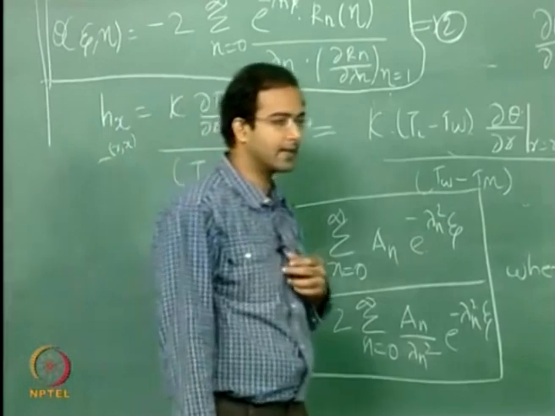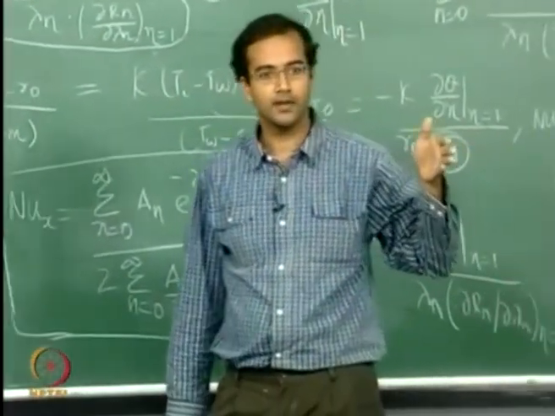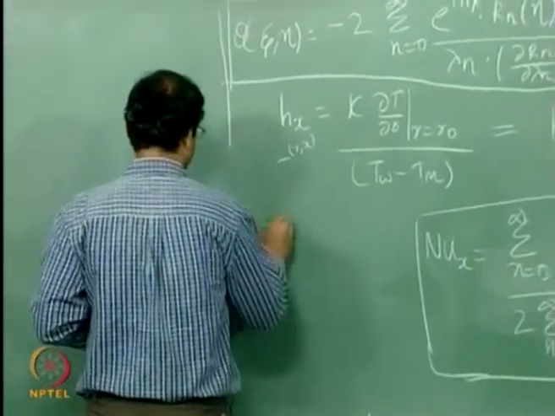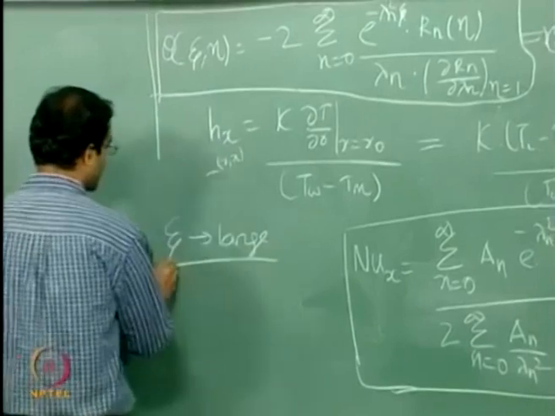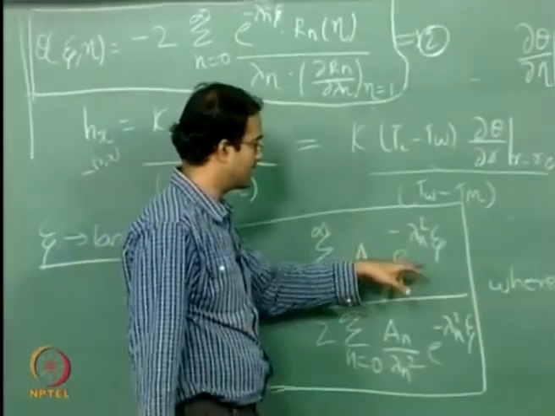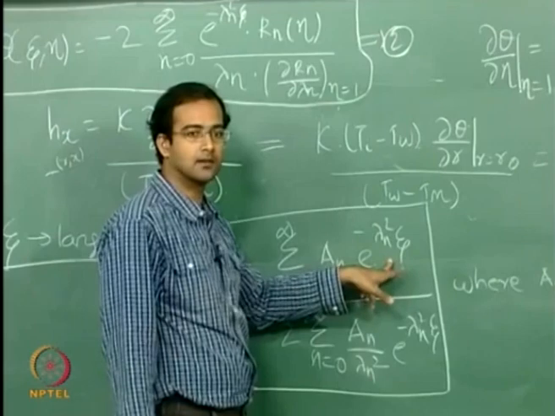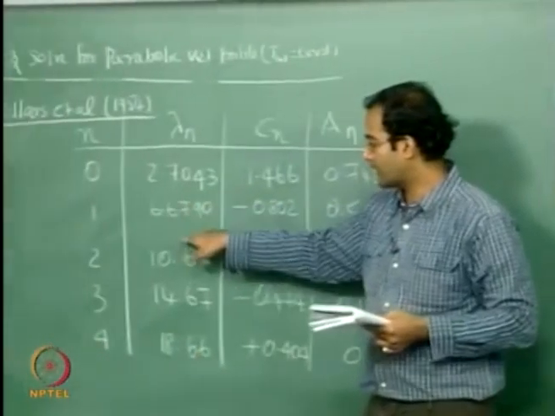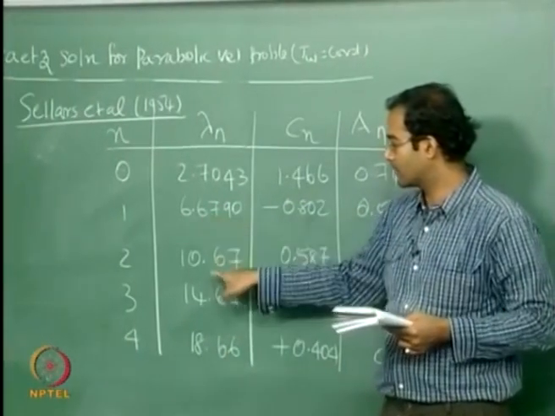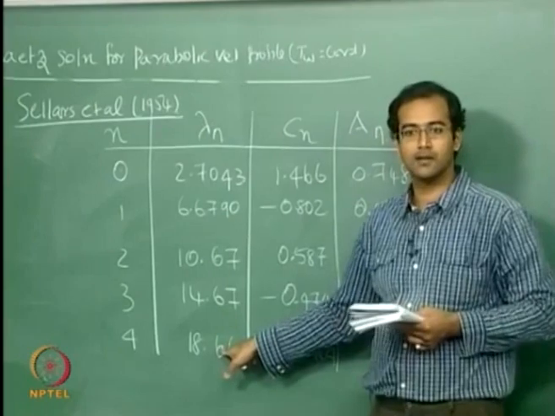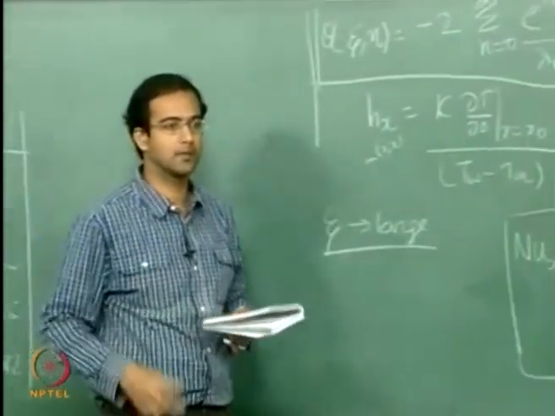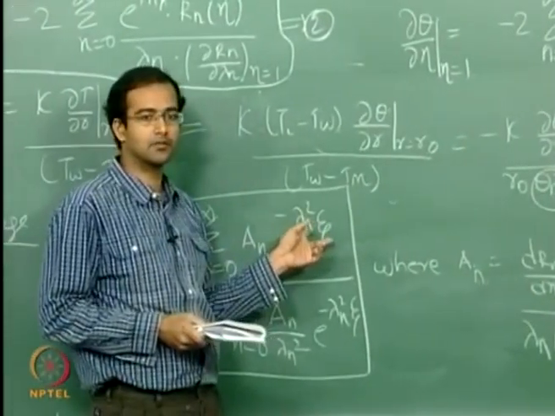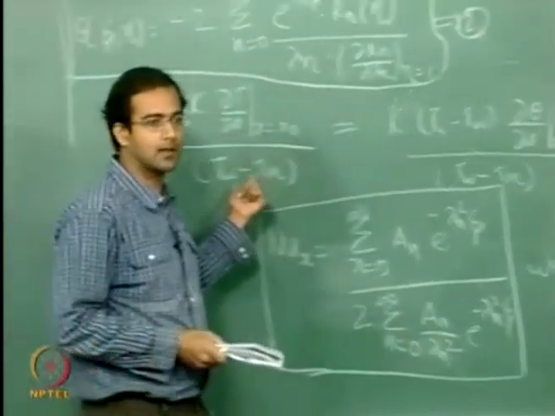Okay. Now for the limiting case, if you look at a very far away distance axially, that is for large values of lambda, you can see that this is an exponentially decaying function. Except the smallest value of lambda, the larger values of lambda, corresponding to n equal to 1, 2, 3, 4, are already exponentially decaying, so they will be very small. Only the first term corresponding to n equal to 0 will be important when you look at large values of zeta.